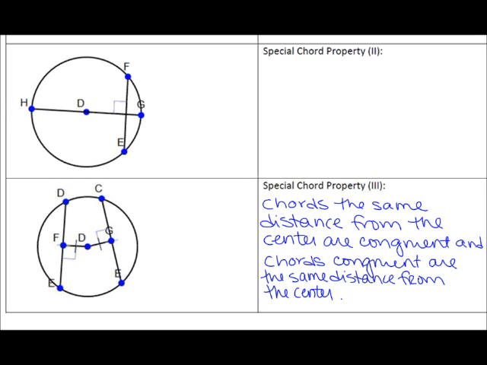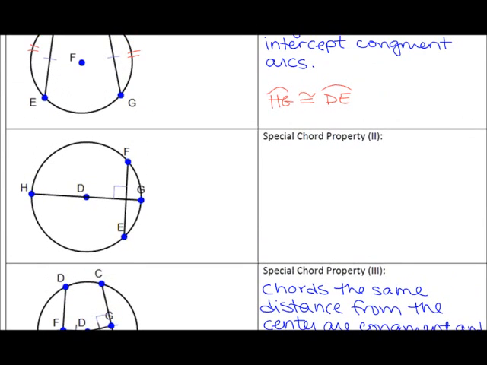Okay, so now let's look at the second chord property, the one here in the middle. Chord property number 2, this is the one that we wanted to talk about, the perpendicular bisector. So we said that if we have a segment that is a perpendicular bisector of a chord, then that segment would end up being the diameter of the circle.